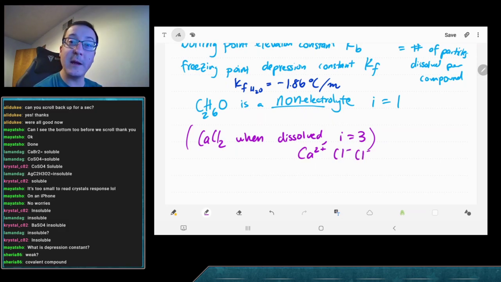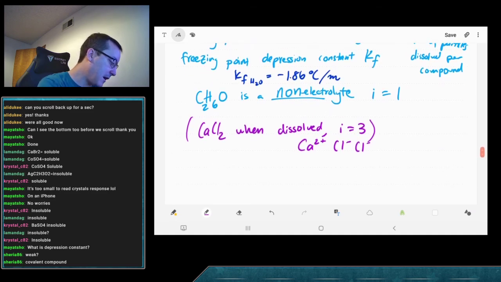So that's 3 particles overall that we get out per every 1 particle we dissolve. We dissolve 1 calcium chloride and get out 3 ions, so our i would be 3 for that. But because ethanol is a non-electrolyte, it's going to have a Van 't Hoff factor of 1. No dissociation happening there.